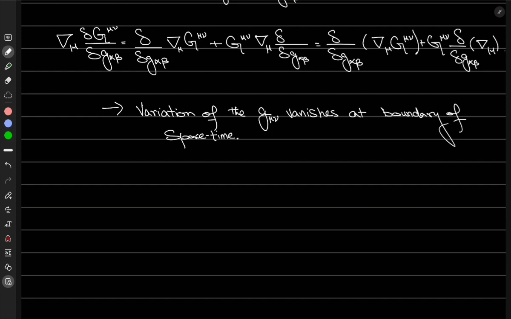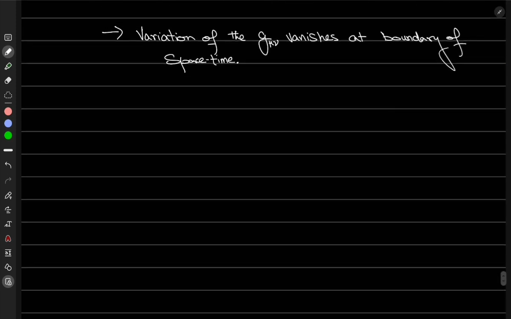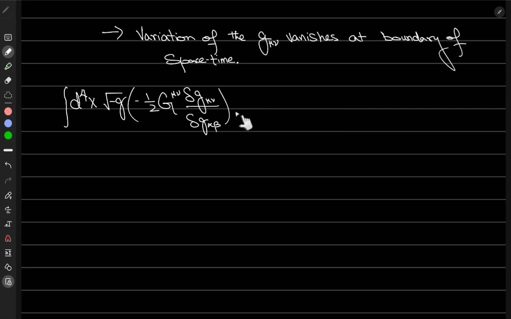Okay, so using that, what does that mean? That means that I can neglect the boundary term, and I'm going to now apply the integration by parts, and what we get is, remember, we have this integral d4x square root of minus g minus 1 by 2 g mu nu delta g mu nu over delta g alpha beta.